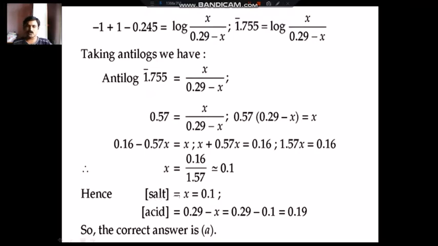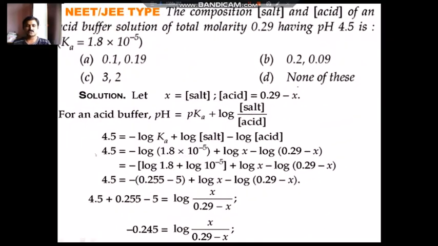Hence the salt concentration is 0.1, and the acid concentration will become 0.29 minus 0.1, that is 0.19. So the correct answer is option A for this question.